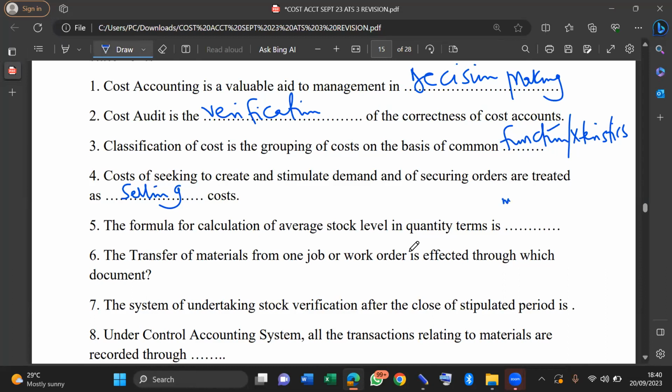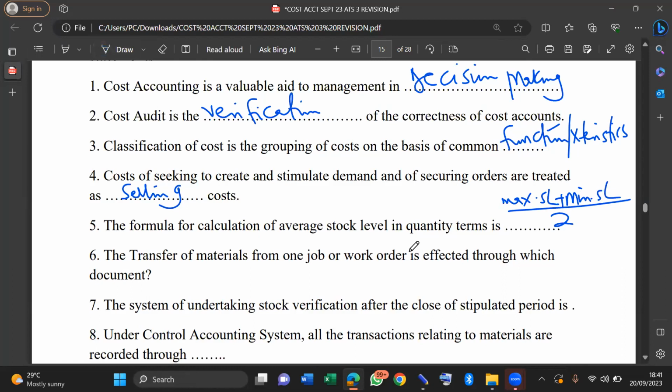So we have our maximum stock level plus minimum stock level, both divided by 2, will give us average stock level.